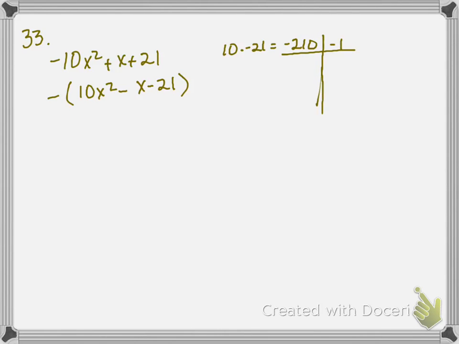33. This is one that you have to factor out the -1 first. And then you have to do the a times c, the AC method.